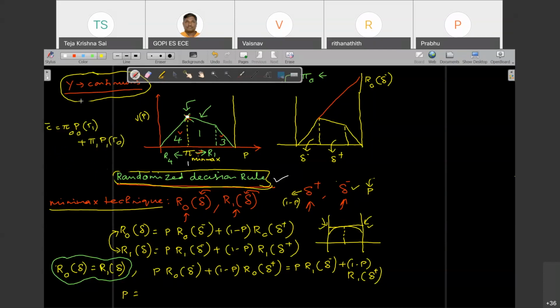Of course, pi 1 we can write as 1 minus pi naught.